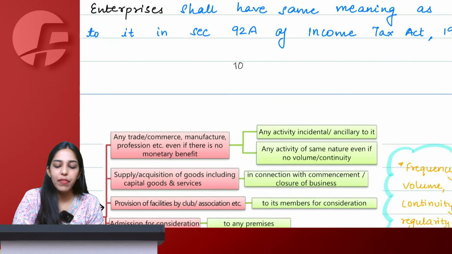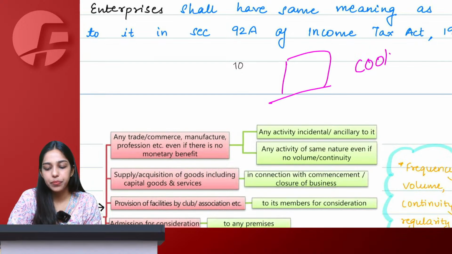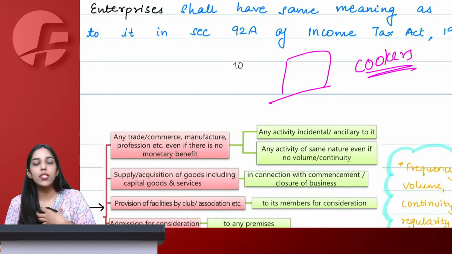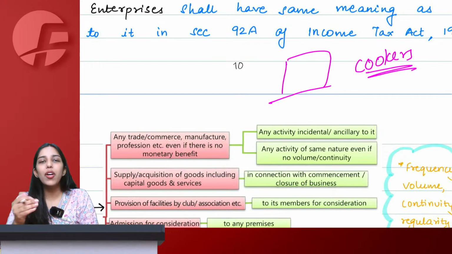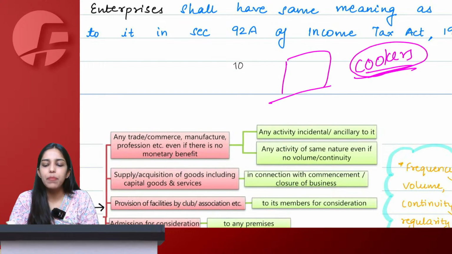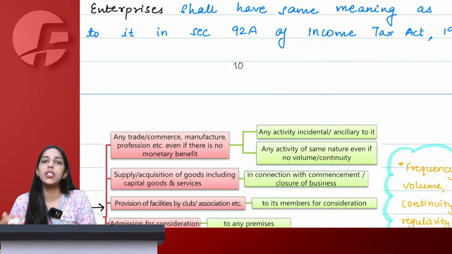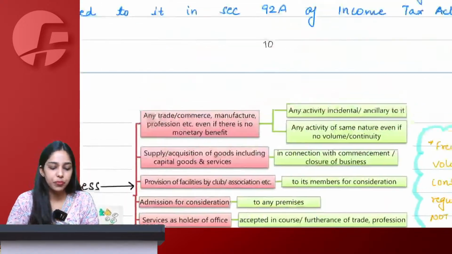Let's say I have a factory and I manufacture cookers. While manufacturing cookers, there is some scrap generated. Now I sell that scrap. My business is not to sell scrap. My business is to manufacture and sell cookers. But because I manufacture cookers, there is some scrap generated. It is ancillary. Then okay, even selling that scrap would also be a part of my business only, will also be considered as my business only.